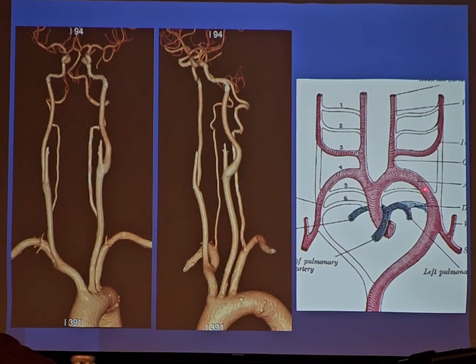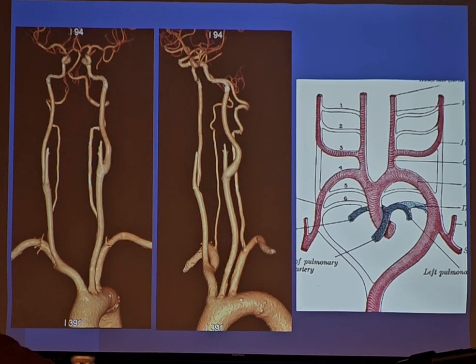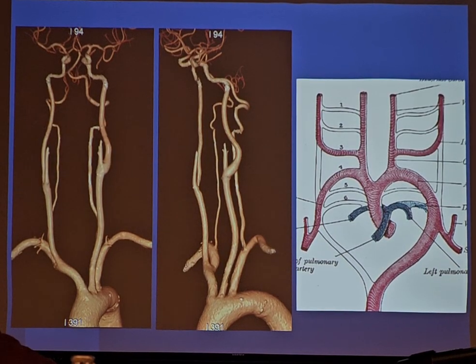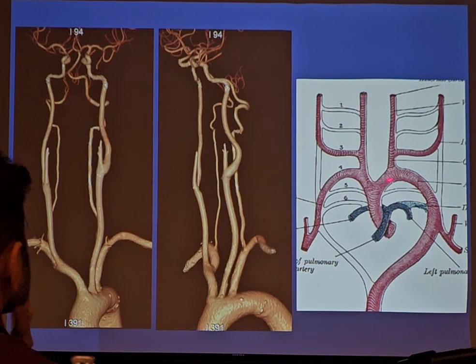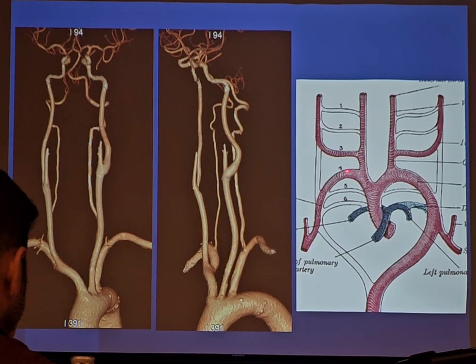The remaining fourth aortic arch on the left side becomes the aortic arch. Okay. And then continues to the descending aorta. Okay? It's clear? Alright?